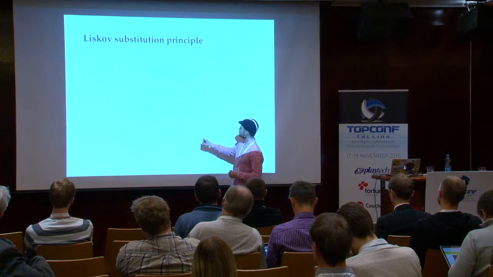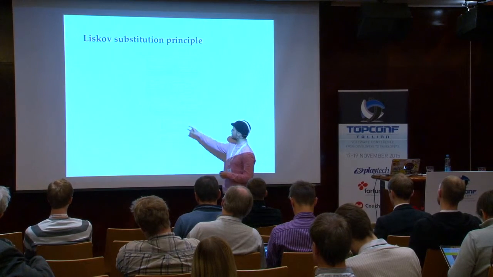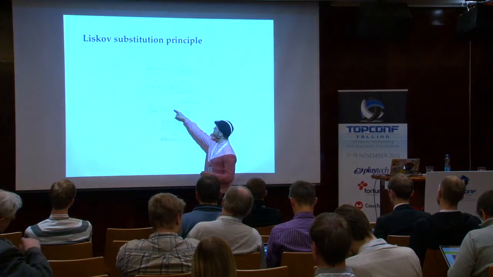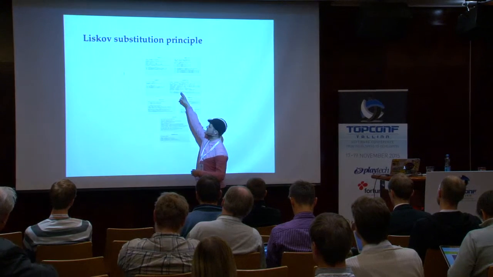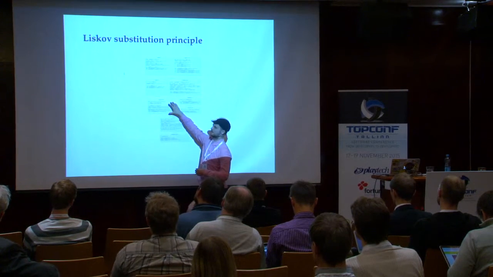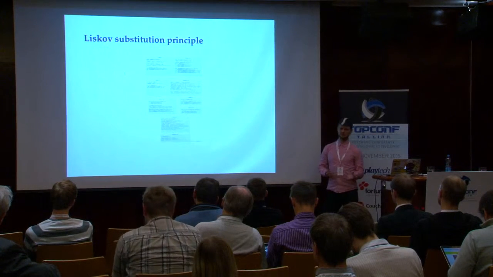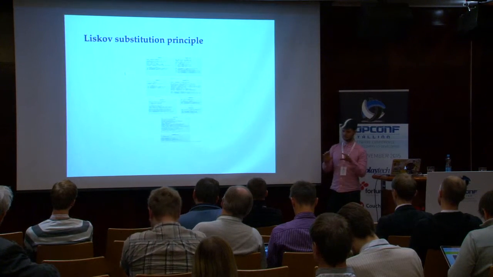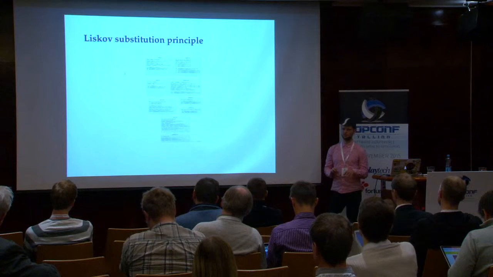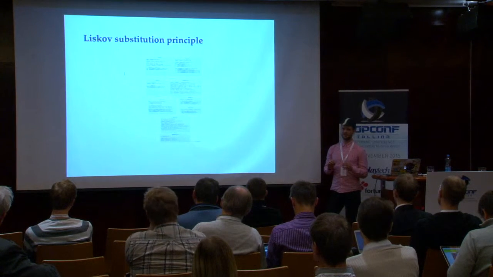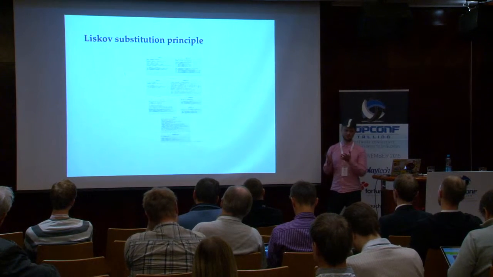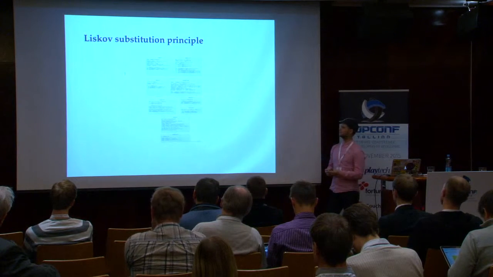For example, if I remember right, this one is lens and this one is traversal, and you can always use lens as traversal, and that's what Liskov's substitution principle says. So if you have something down in your hierarchy, you could use it as an object of higher class.